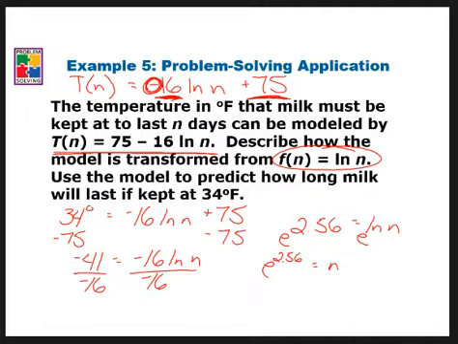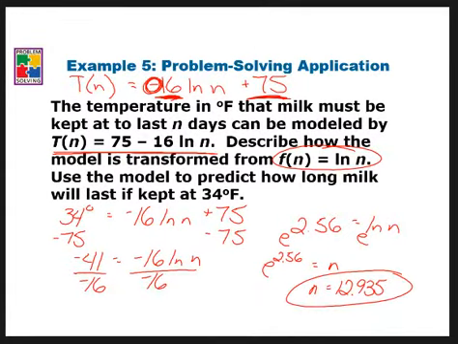So I basically just take e and raise it to the 2.56 power, and I get 12.935. What that indicates is roughly 12.935 days would be how long you could expect milk to last if you kept it at 34 degrees Fahrenheit.